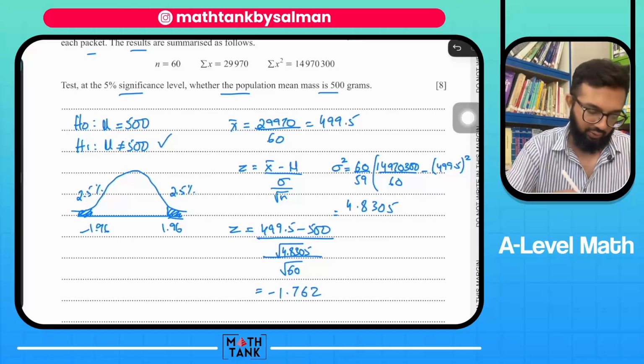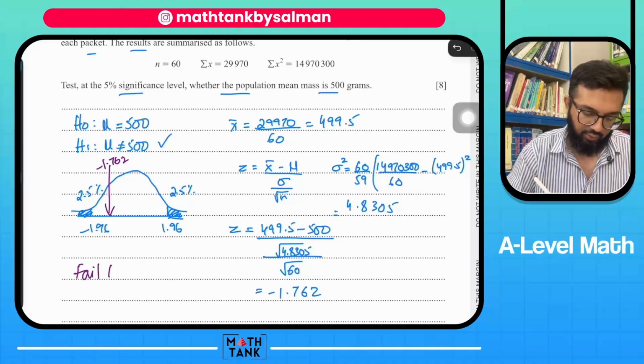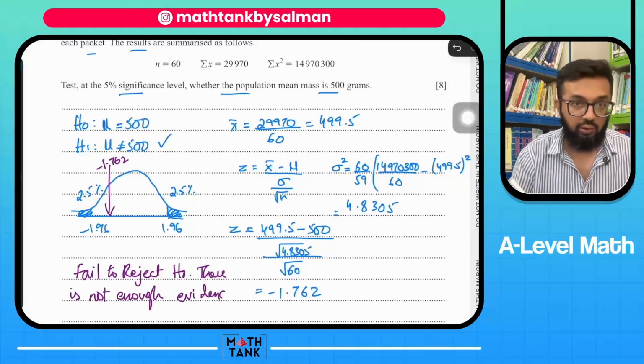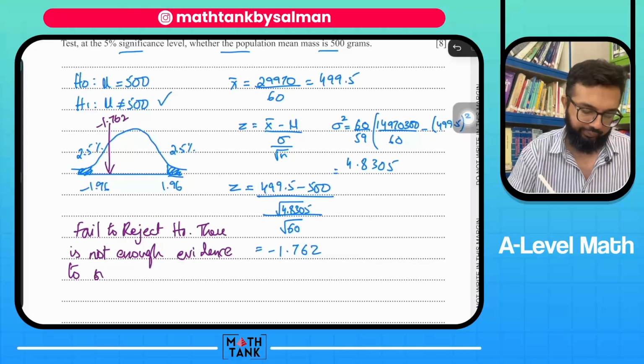Is this in the rejection region? Let's check. No, it's not in the rejection region. It's falling somewhere here. So fail to reject H0. There is not enough evidence to support the inspector's claim.